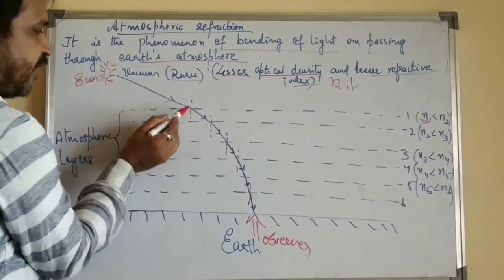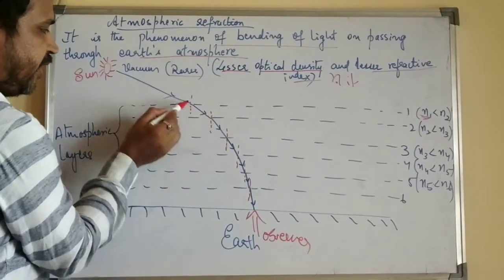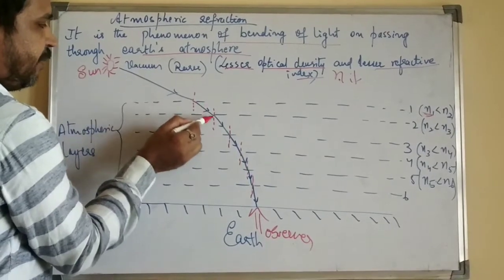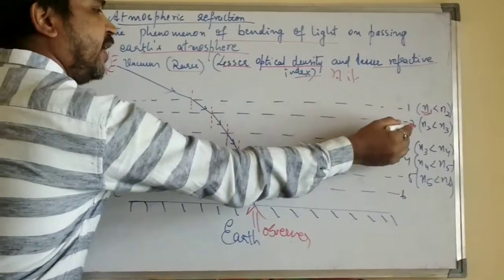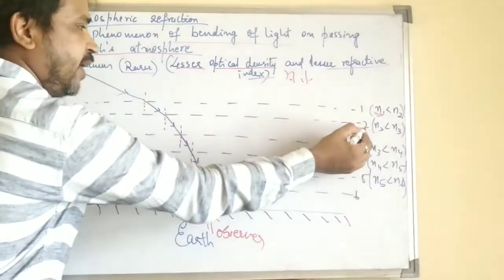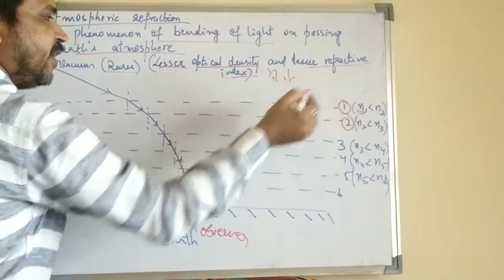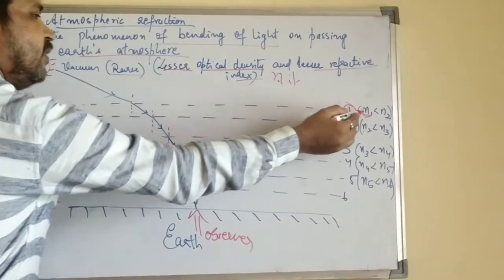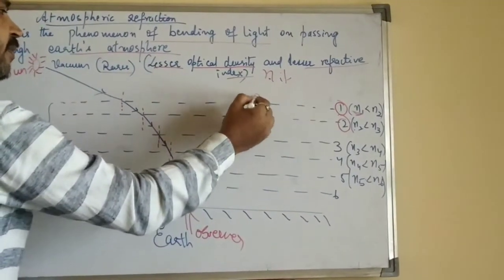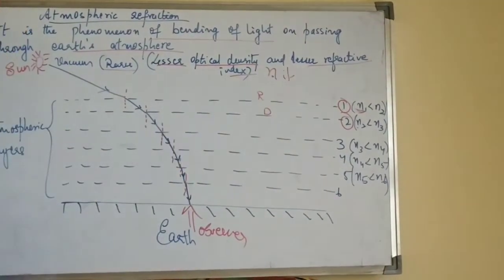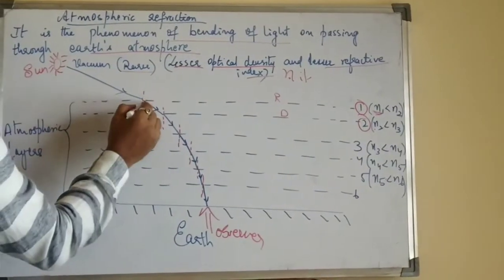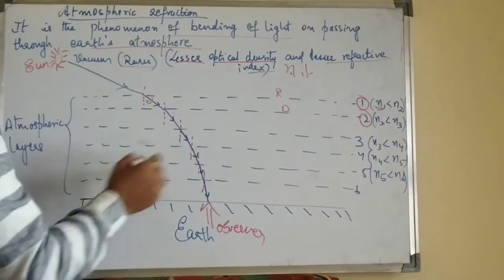So it undergoes refraction. You can see from the first layer to the second layer there is a bend in the path of light. When it reaches the second layer, the refractive index of the second layer is greater than that of the first layer. Then the first layer becomes the rarer medium and the second layer becomes the denser medium. Again it bends towards the normal.